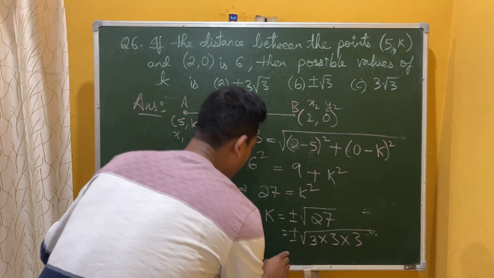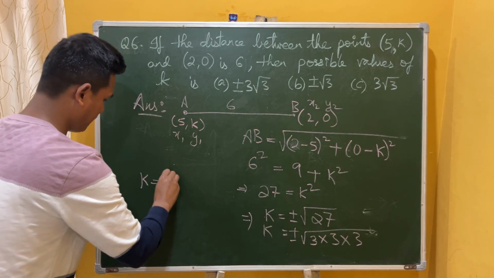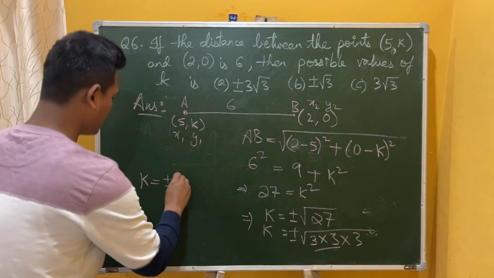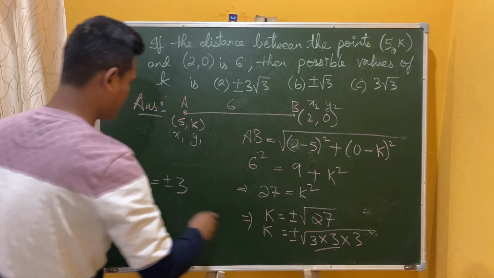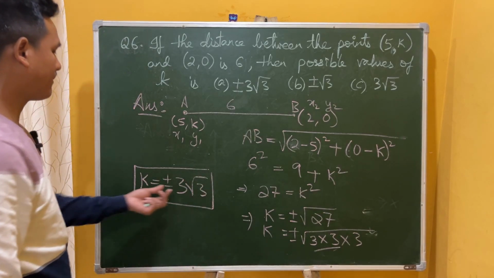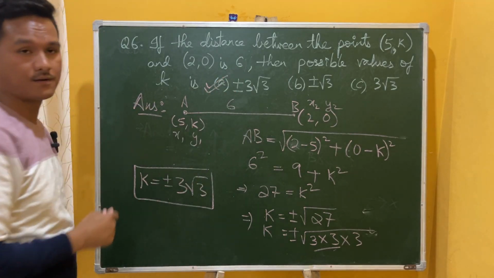So ultimately the answer is, k is equal to plus minus, this 3 has a pair, so it will come out, another one will stay inside the root, so k equals to plus minus 3 root 3. So this is the correct answer.